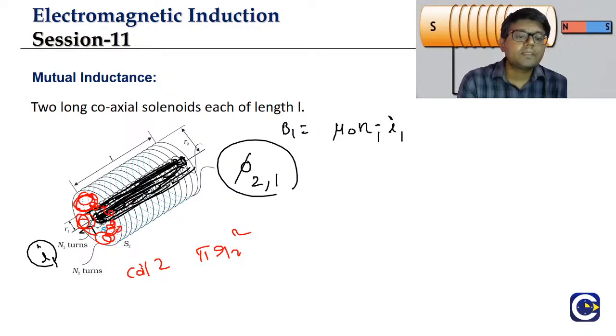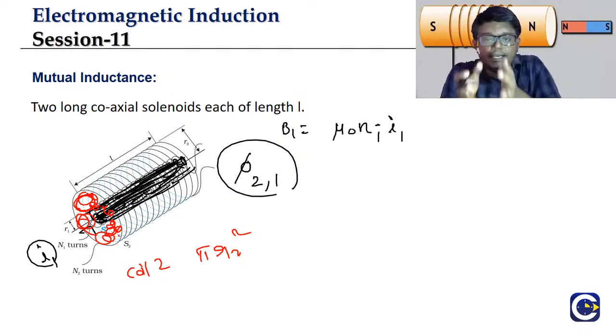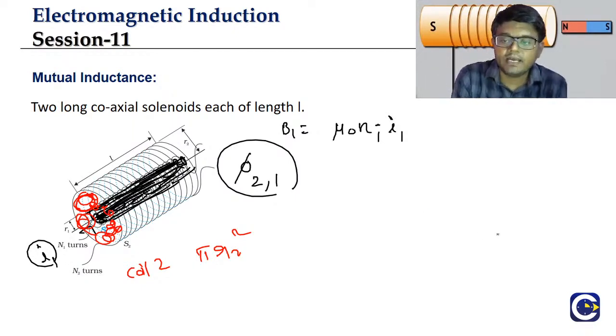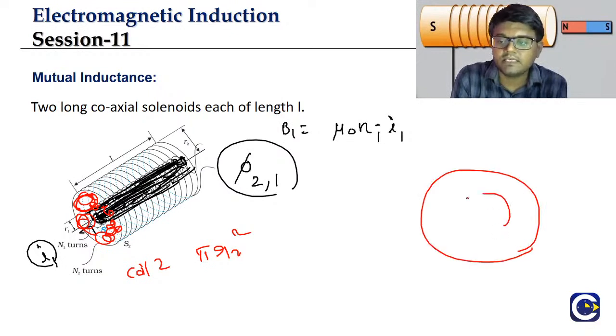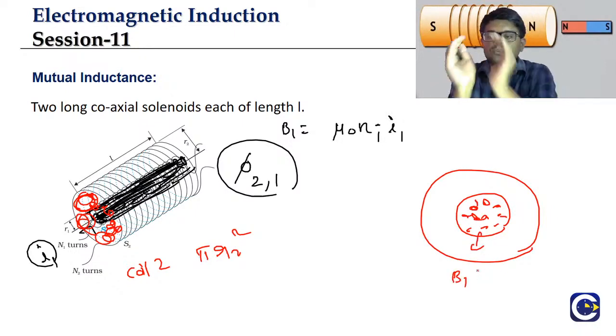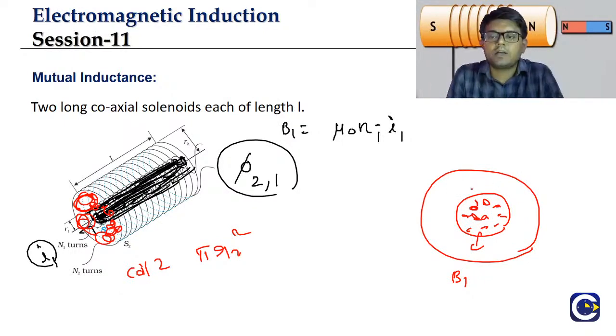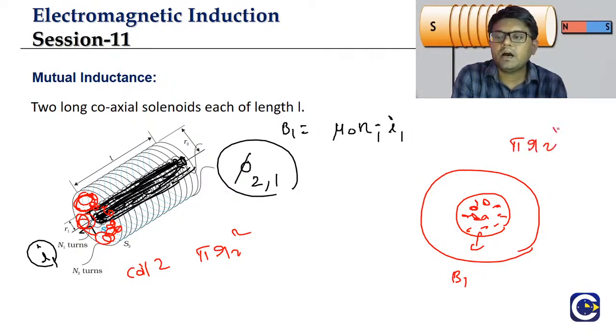But coil 1 will only create a magnetic field inside. Let me draw a lateral diagram: only through this region is the magnetic field created. This magnetic field is only through the inner area, while the total area of coil 2 is pi R2 square.